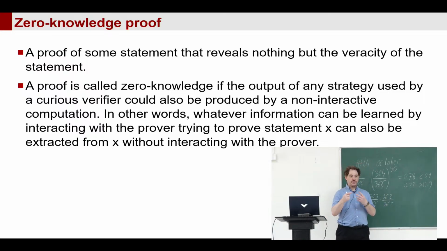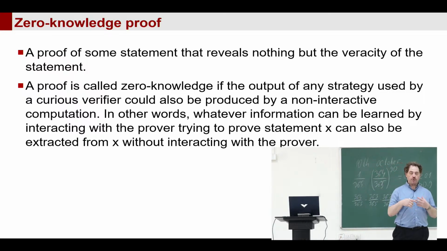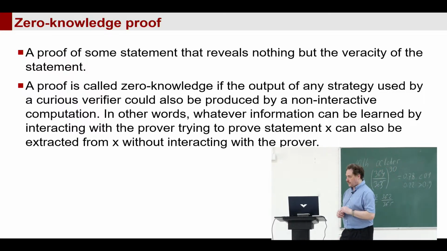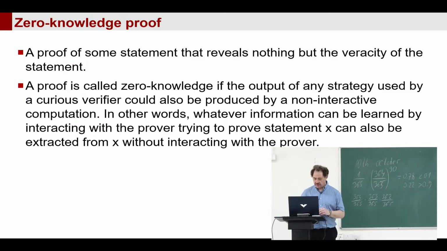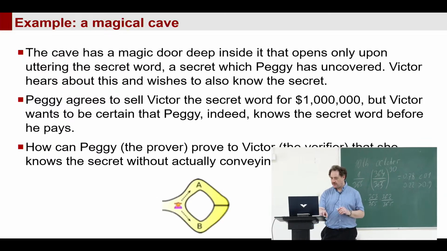Later I'll also explain that zero knowledge is heavily used in blockchain. It's also used in many applications such as digital identities and verifiable credentials. All right, let's start. The first example is a simple example.